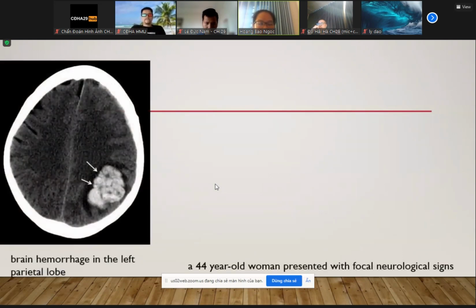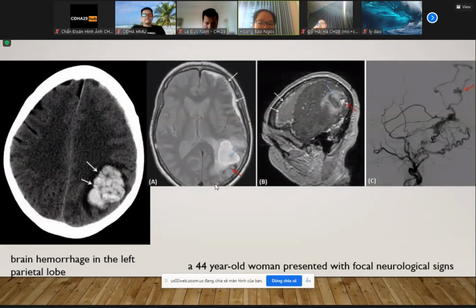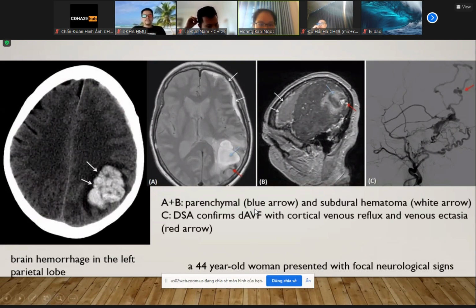This is an example case of a 44-year-old male presenting with focal neurological signs, and this is the initial CT scan. We can see a brain hemorrhage in the left parietal lobe, and the patient is next taken to MRI and DSA to confirm a dural fistula.